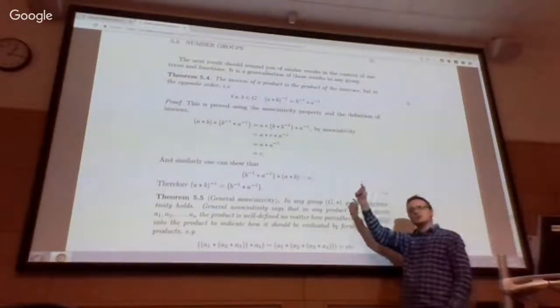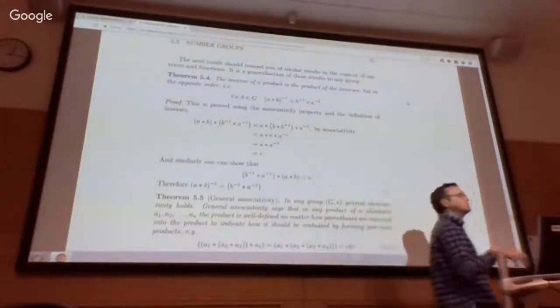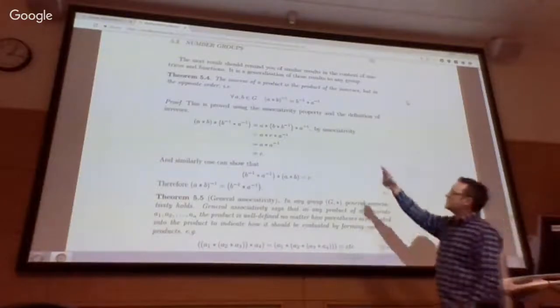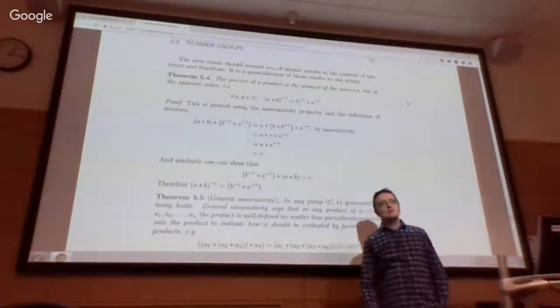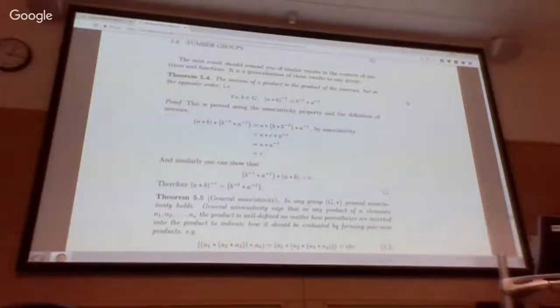Now that distinction of what the order is isn't important if you know you're in an abelian group. If you're in an abelian group, it doesn't matter what order round you take the factors in your product. But if you're in a non-abelian group, this is very important. You do have to respect this fact.